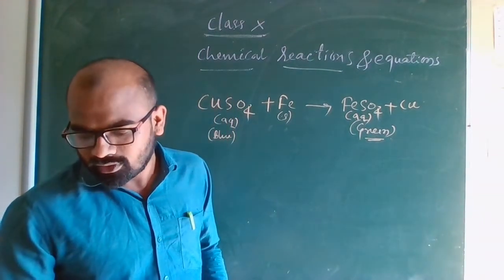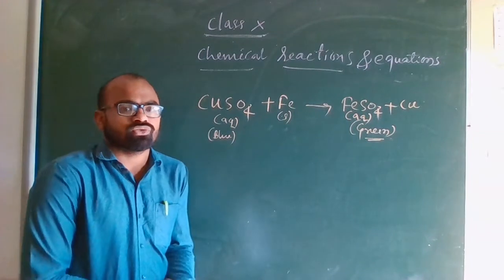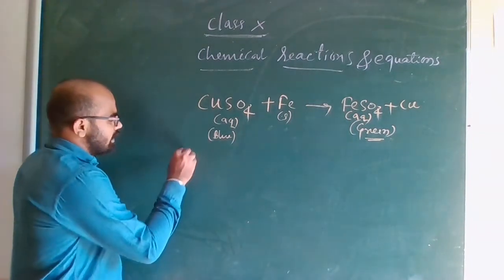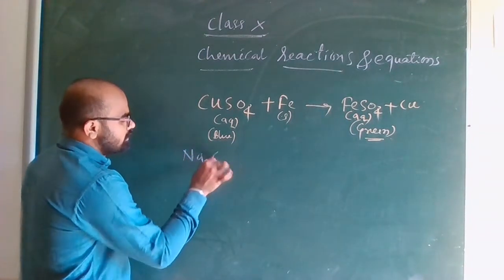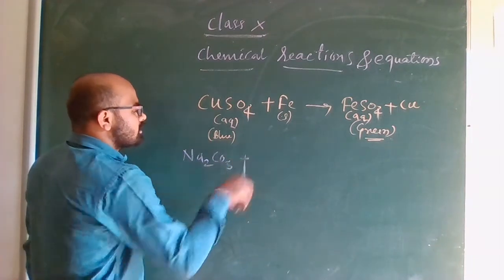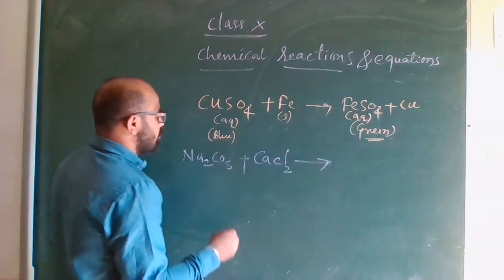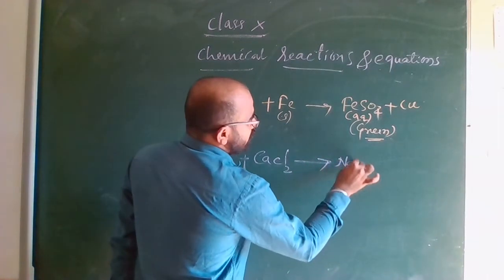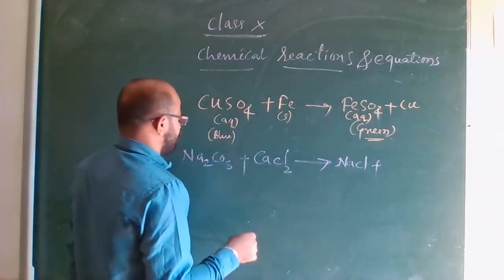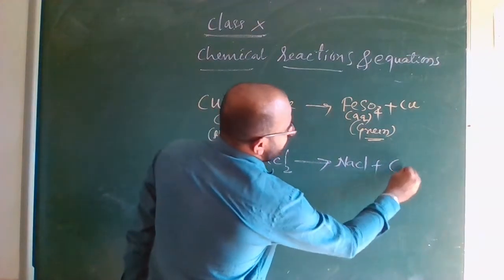I will write it now: sodium carbonate, Na2CO3, plus calcium chloride, CaCl2, will give NaCl plus calcium carbonate.